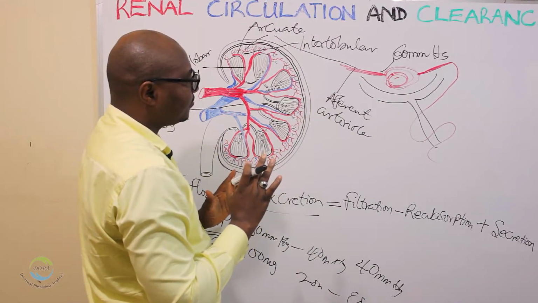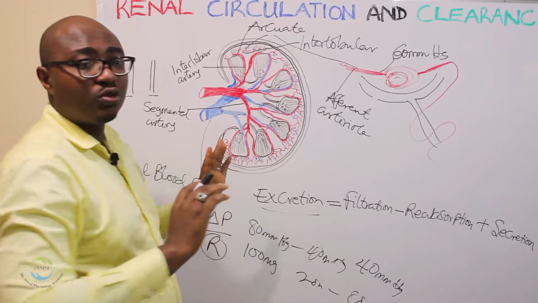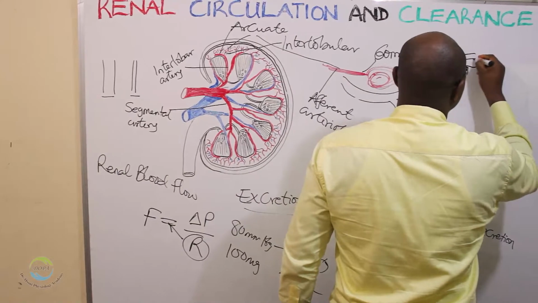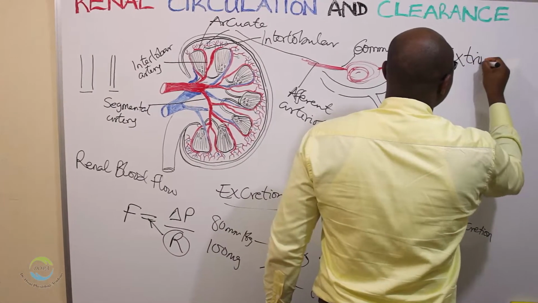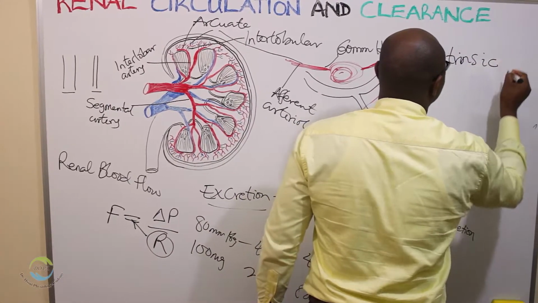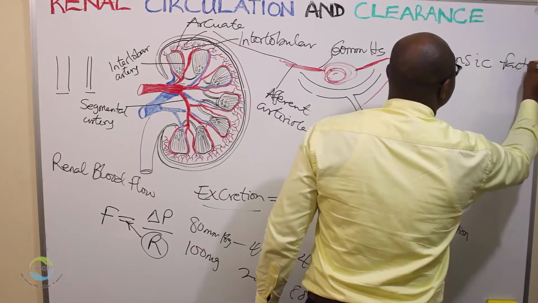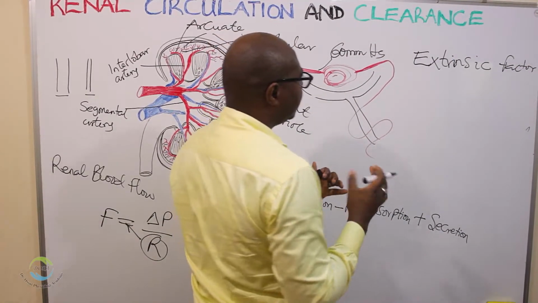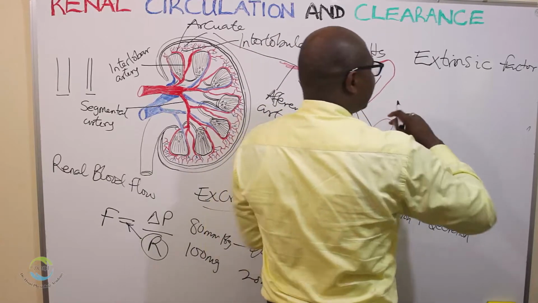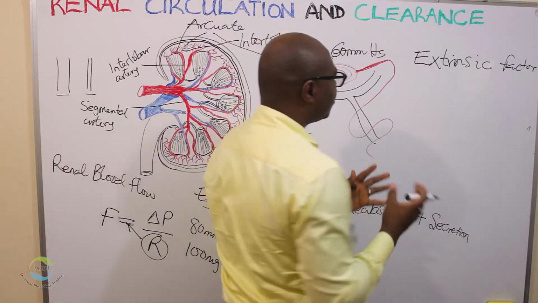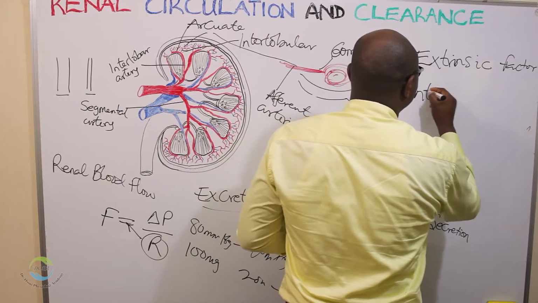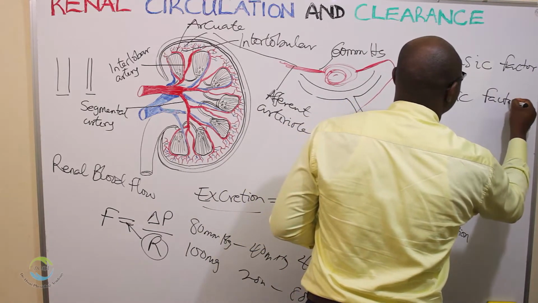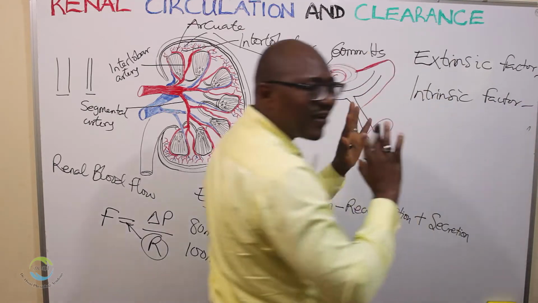So they are divided into two broad categories: extrinsic regulation or control. When you talk about regulation, it means control. Then you have intrinsic factors or control of renal blood flow.